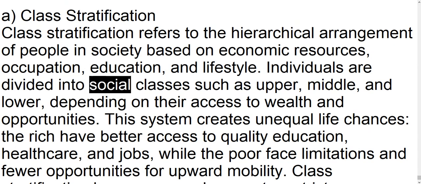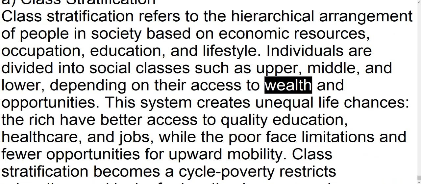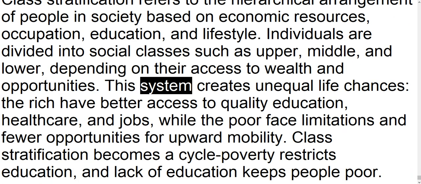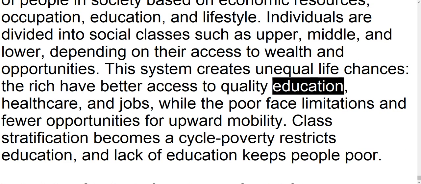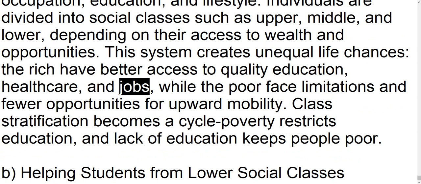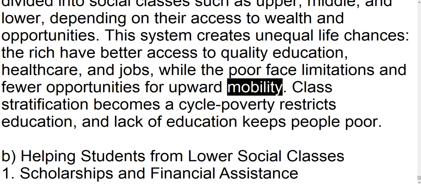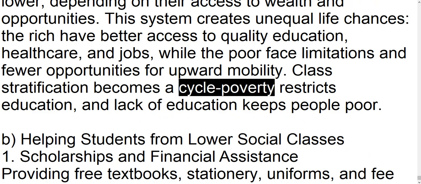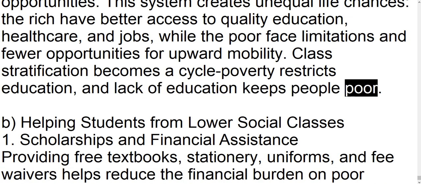Individuals are divided into social classes such as upper, middle, and lower, depending on their access to wealth and opportunities. This system creates unequal life chances. The rich have better access to quality education, healthcare, and jobs, while the poor face limitations and fewer opportunities for upward mobility. Class stratification becomes a cycle. Poverty restricts education, and lack of education keeps people poor.